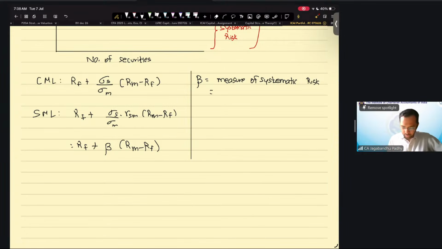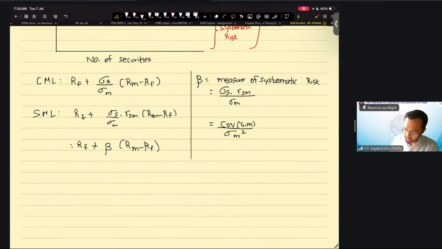And we can calculate this beta by calculating standard deviation of security into correlation between security and market, upon standard deviation of market. Or we can calculate it by some other means also, which is covariance between security and market upon standard deviation of market square, or variance of market, you can say.